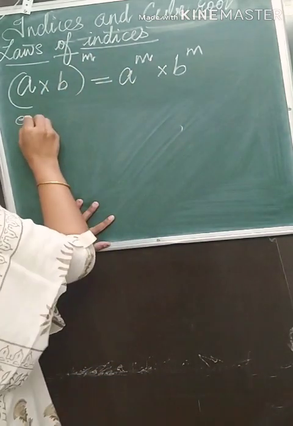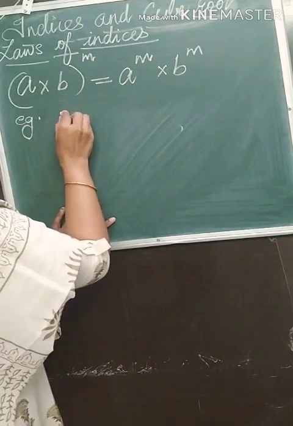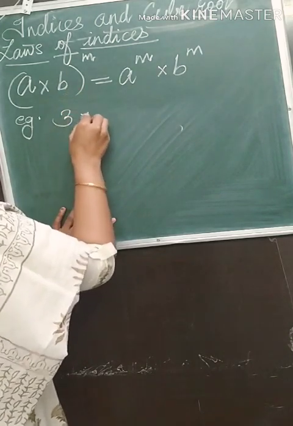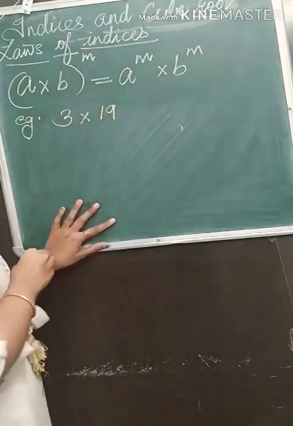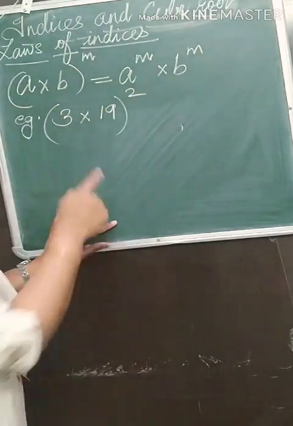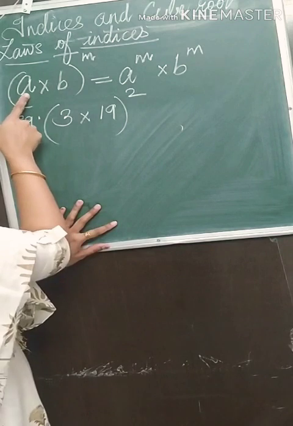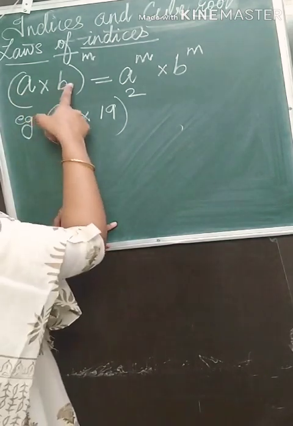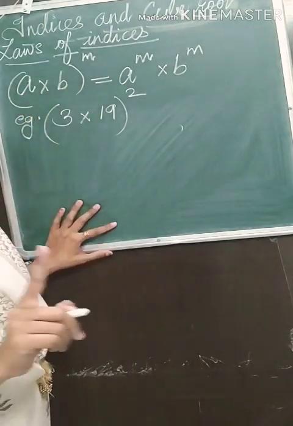So with an example, suppose I take 3 into 19, the whole raised to 2. So please relate. In place of a, we have 3. In place of b, we have 19.